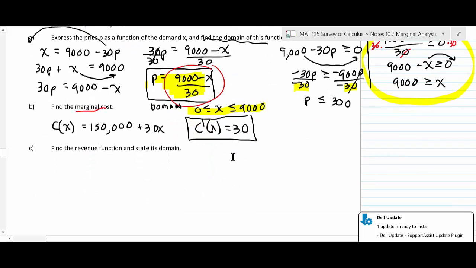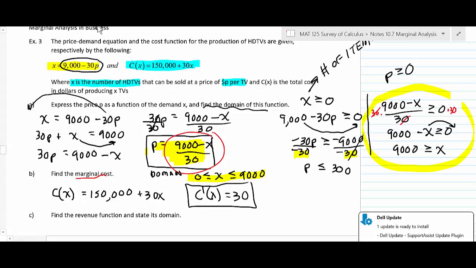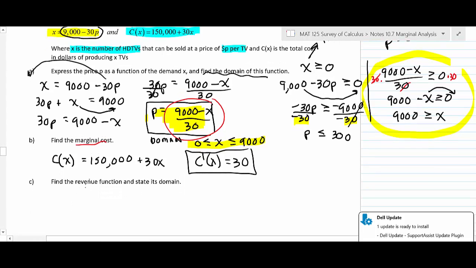Okay, all right, next thing we're going to do is find the revenue. So the revenue, you probably want to write this formula down. The revenue is basically the number of items that you sell times the price per item. And that needs to make sense.